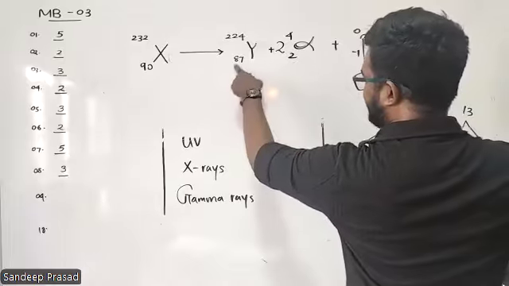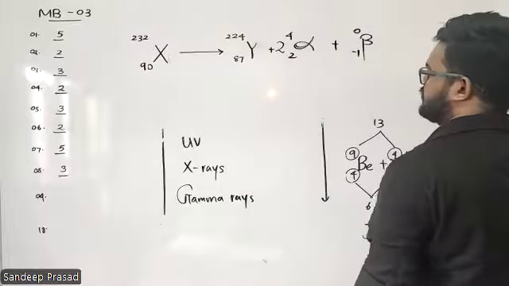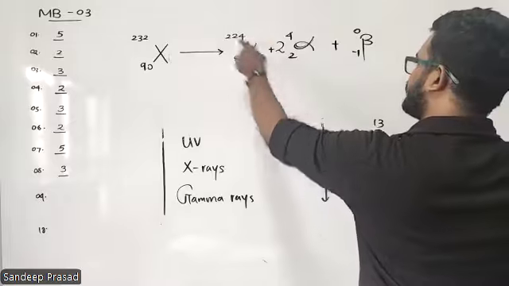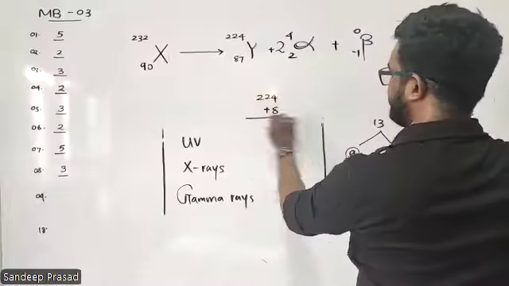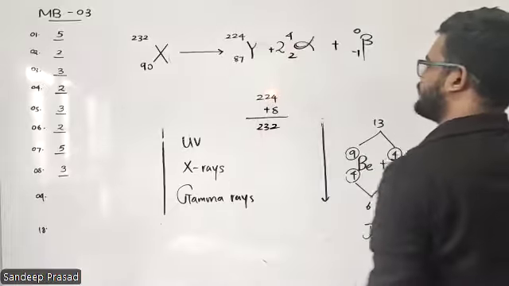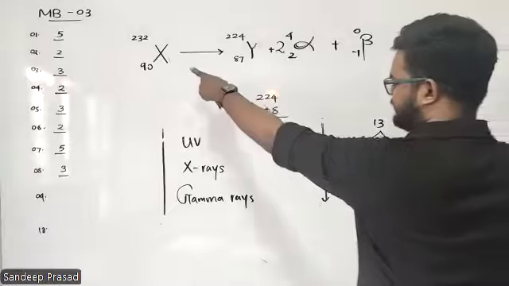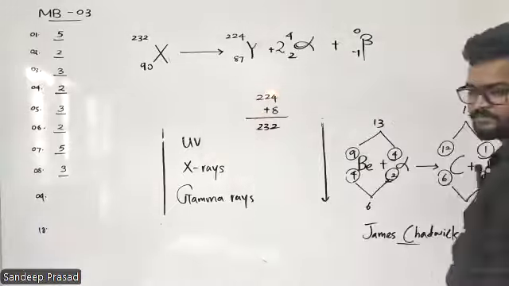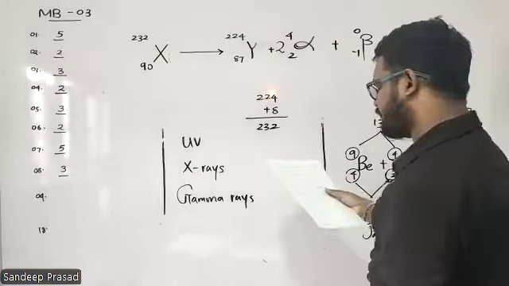Then 4 plus 87, 91. 91 - 1, 90. Okay. What about the mass numbers? 224 plus 8, and this is 0. Then 232. Then okay. That means 2 alpha particles and 1 beta radiation are emitted by this radioactive substance and produce Y. So the answer should be 2 alpha particles and 1 beta particle.